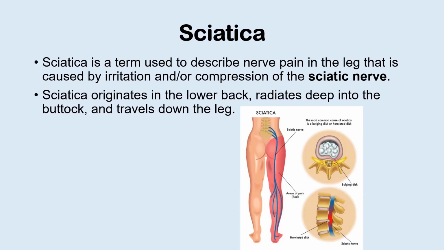Now you've all heard of sciatica, and you may have had sciatica. It's a nerve pain, and there's a nerve that comes from the spinal cord out, as you can see in the diagram here, and it goes down the leg.